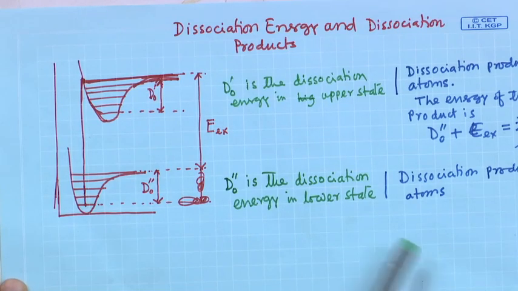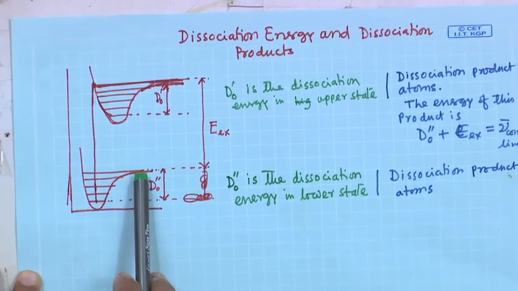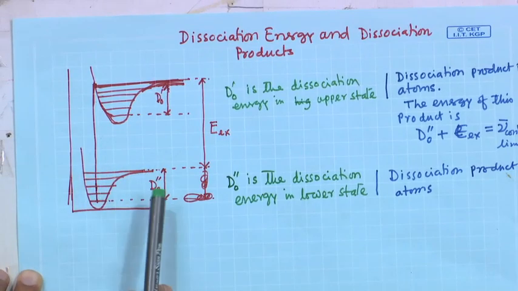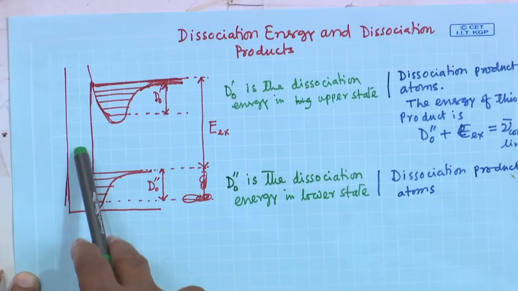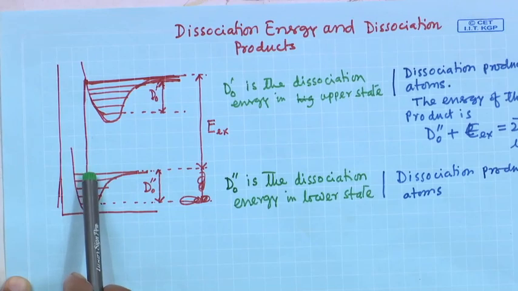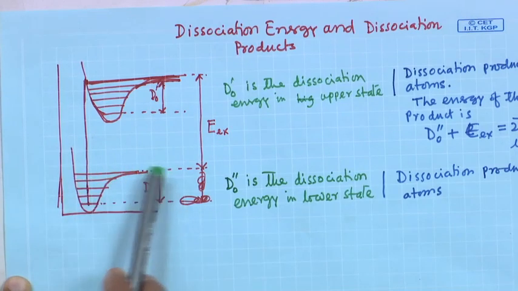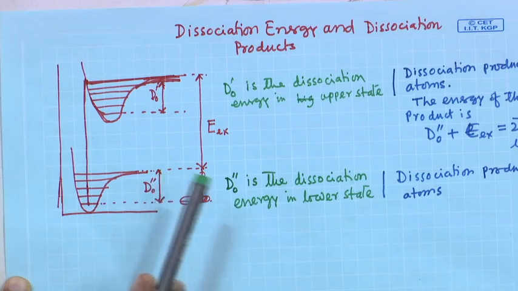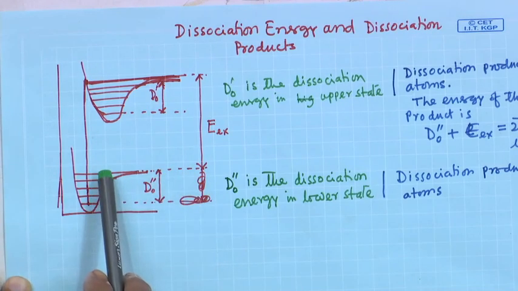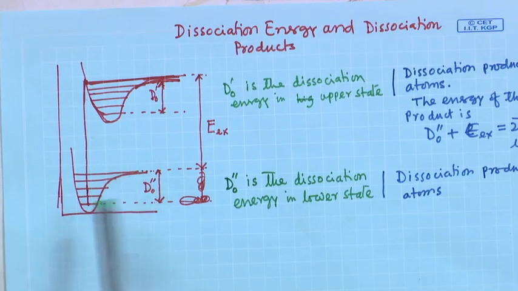As you know, these molecules are vibrating, so they have different vibrational energy levels. This vibration is basically asymmetric, which follows the Morse potential curve. Going to higher states, the internuclear separation increases, and ultimately at this level the atoms will be dissociated.